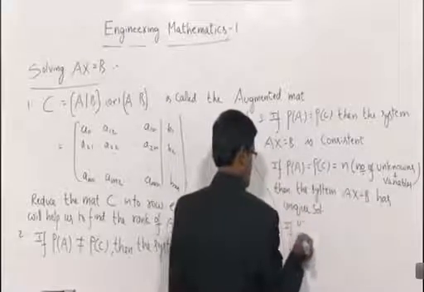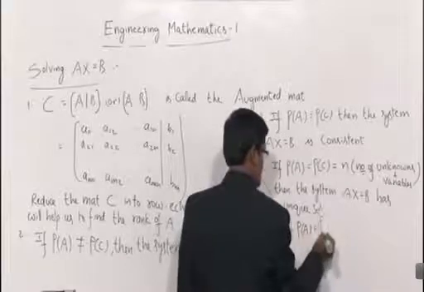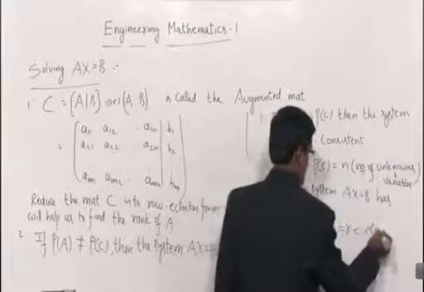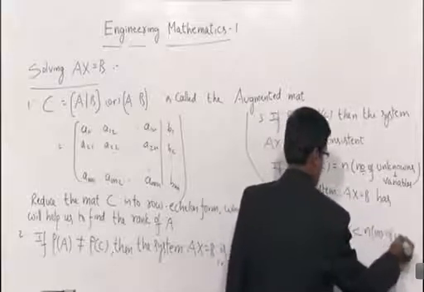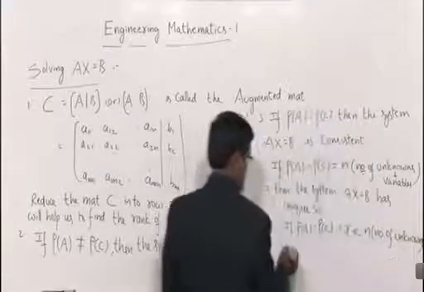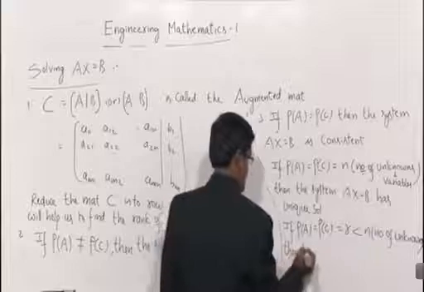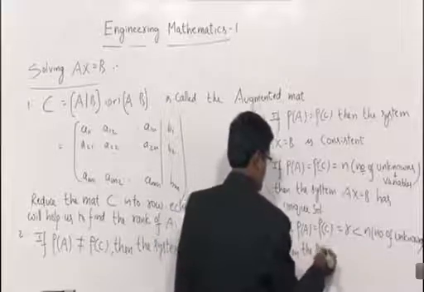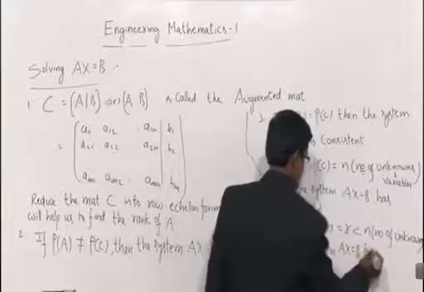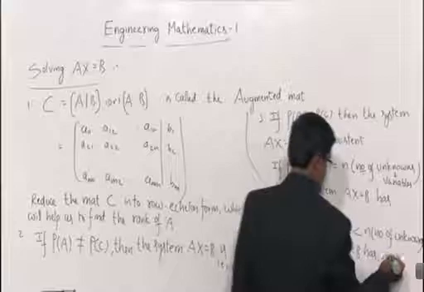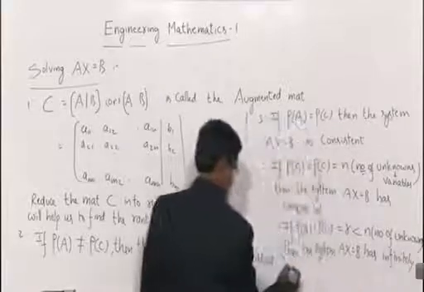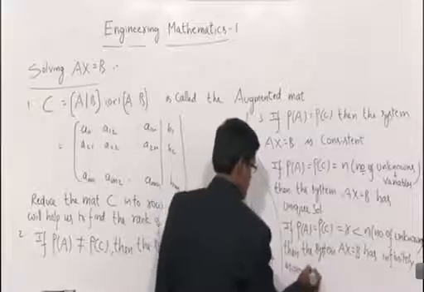If rank A is equal to rank C is equal to some number r less than n, n again stands for the number of unknowns, then the system Ax = B has infinitely many solutions.